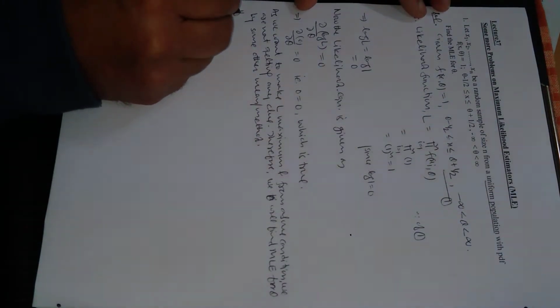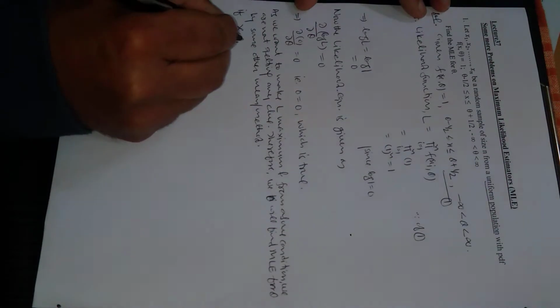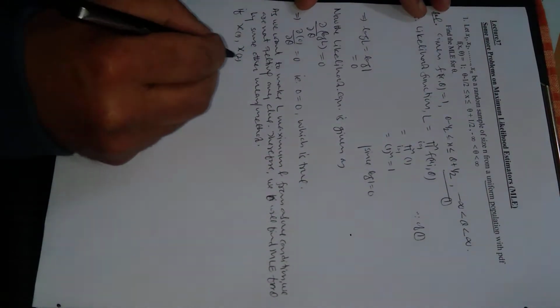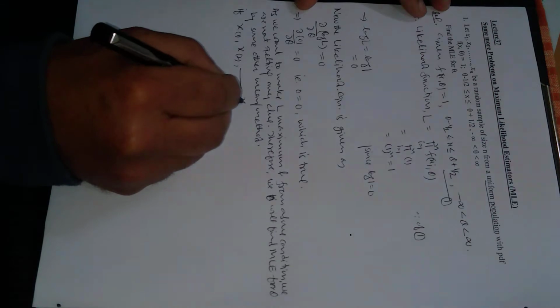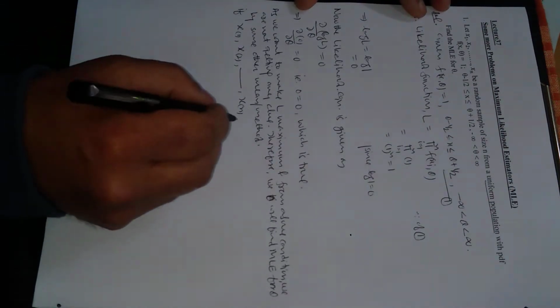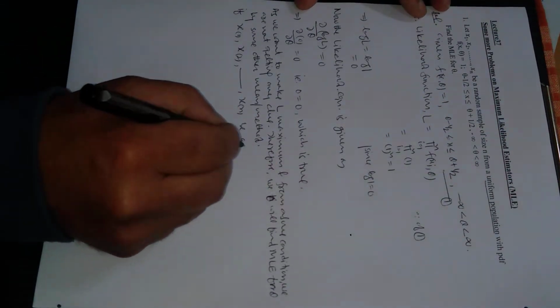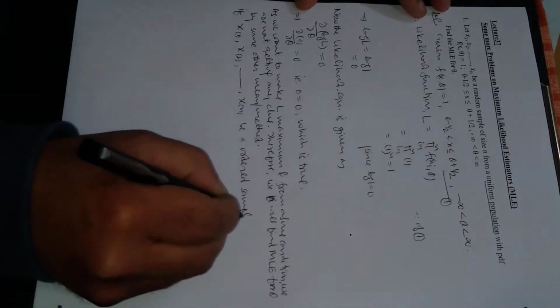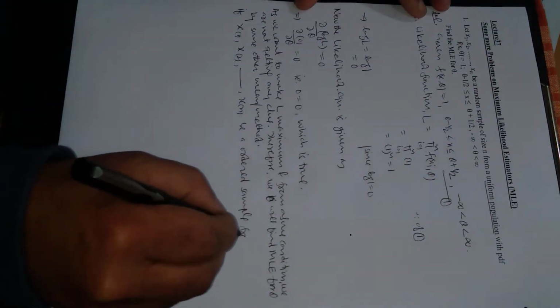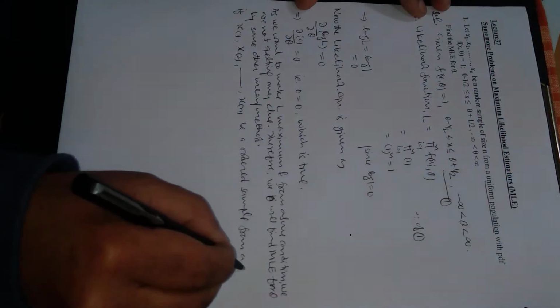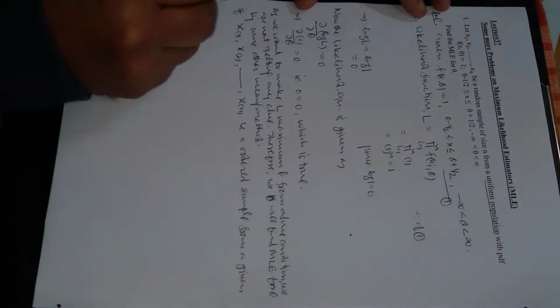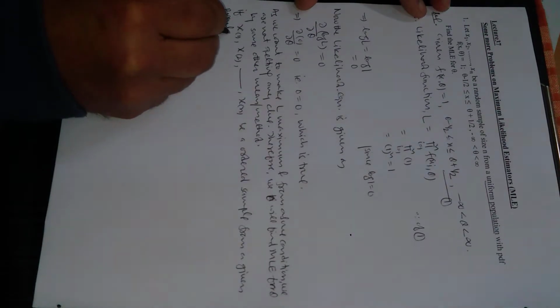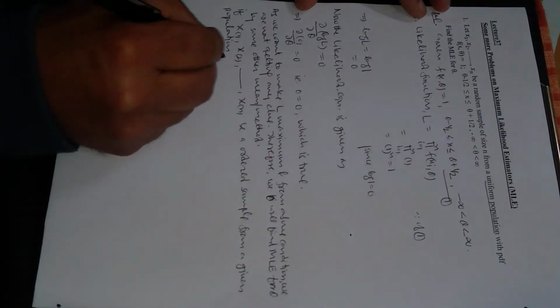Let x1 in bracket, x2 in bracket, in this way xn in bracket, be the ordered sample from the given population.